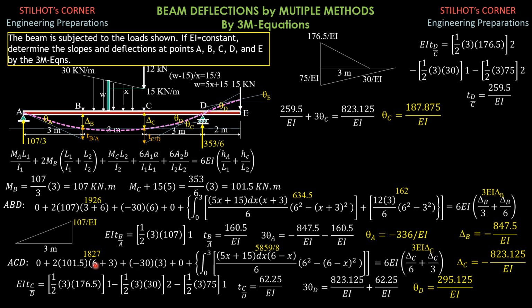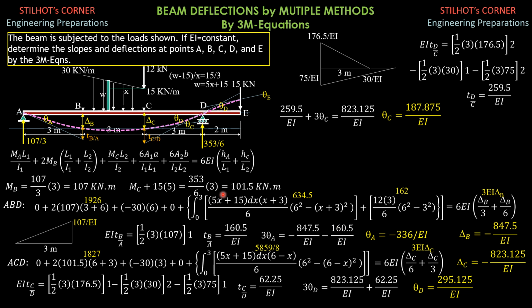So simplifying, this is 1,827 negative 90. The value of the integral is 5859 over 8. And this is 3EI delta C. So computing for delta C is negative 823.125 over EI.